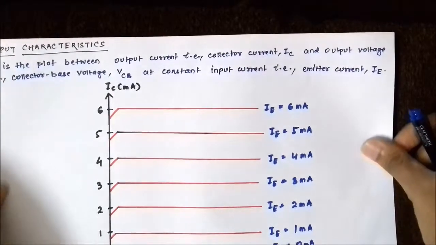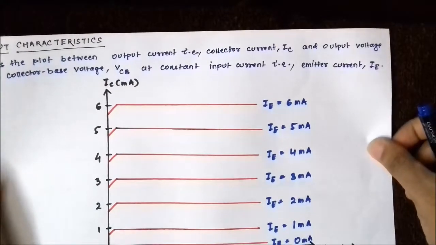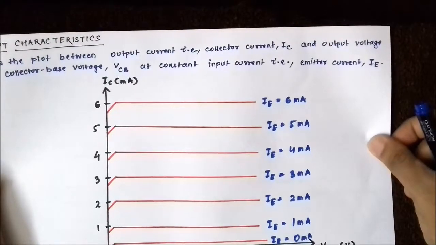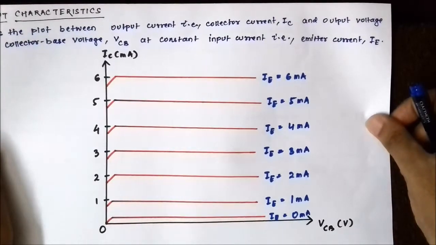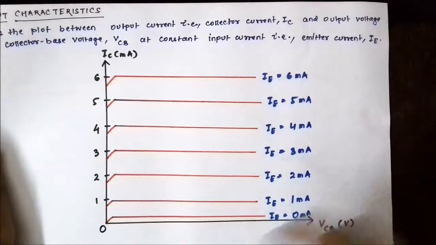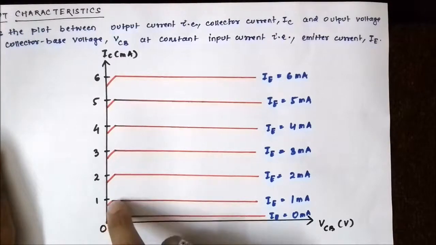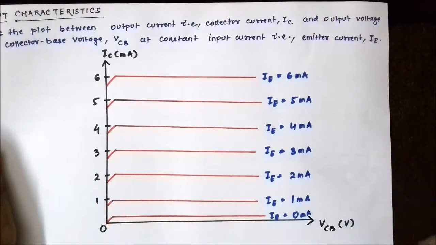Now this is the output characteristics plot. Here the output voltage or the collector to base voltage is in the x-axis and the output current or collector current in the y-axis. You will see that this portion in each of the plots occupies very limited portion of the characteristics.